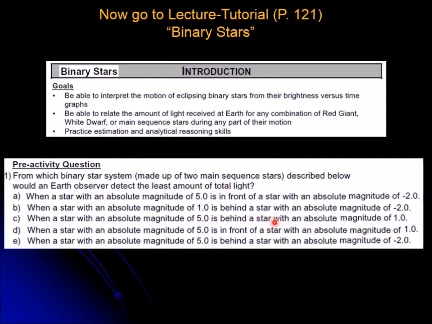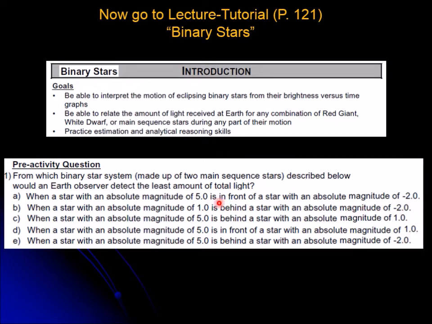A 5 behind the star of 1, well, again, it will be behind the 1, so we're going to see the brightness of the 1, which in this case is brighter than this case. A 1 behind the star of absolute magnitude of 2, and here, it being behind, we're going to see the brightness of a 2, which is the same as in this case. It is the brightness of 2.